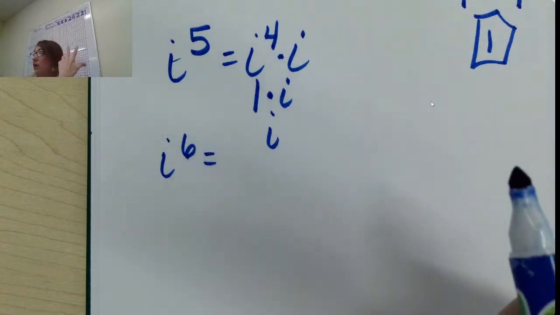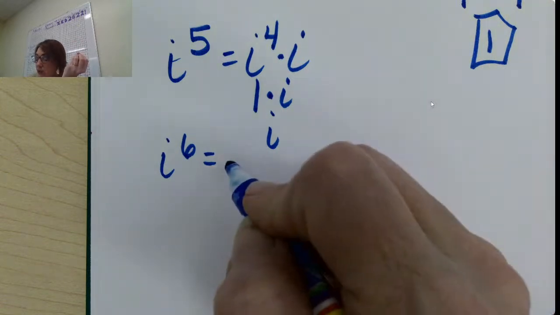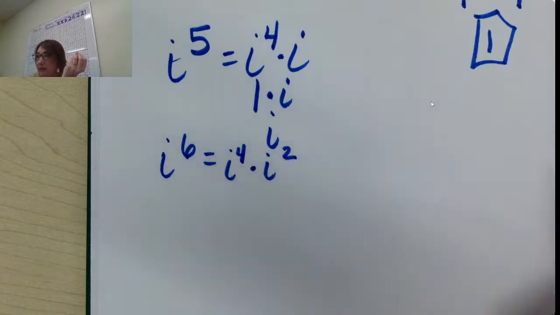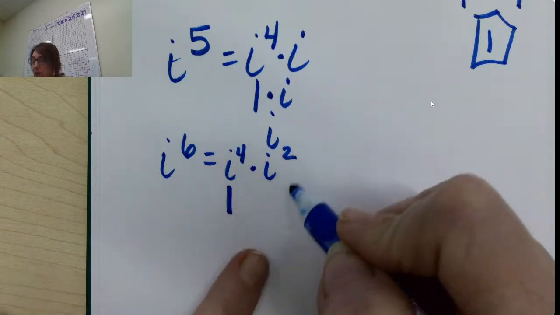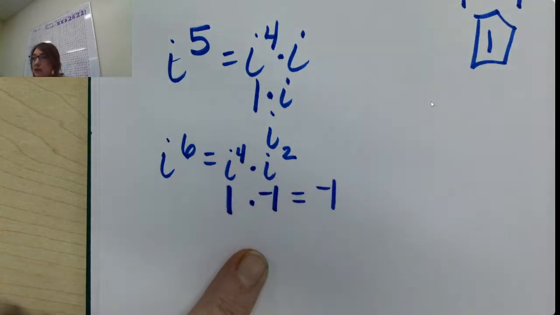So we could break I to the 6th down into I to the 4th and I to the 2nd, right? Now we could break it down into like 3 and 1, but that doesn't make sense, right? I to the 4th is equal to 1. I squared is equal to -1. So what is this? -1.